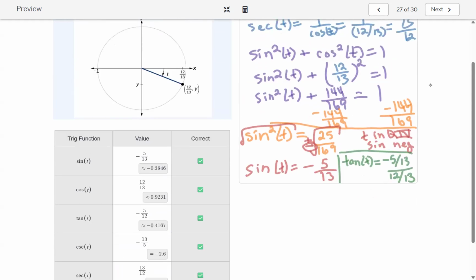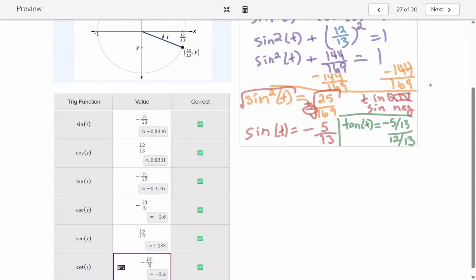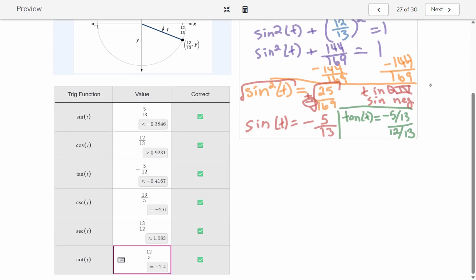So you may do a little work for the tangent, like showing sine over cosine, simplifying the fractions out, or just like having this, and then you're like, boom, here's what my calculator told me this was. The reciprocals, you may not actually show a lot of work, and I'm okay with that as long as I'm seeing that you wrote the reciprocal of cosine for secant, you wrote the reciprocal of sine for cosecant, and you wrote the reciprocal of tangent for cotangent.